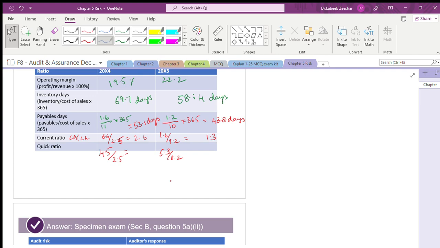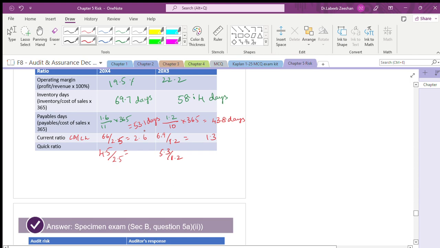The current ratio, the second one is 6.9 divided by 1.2.